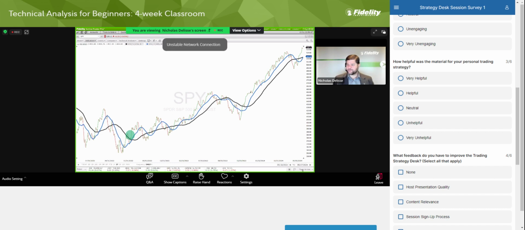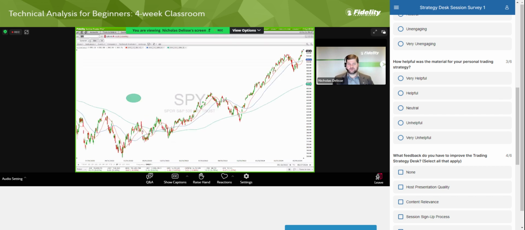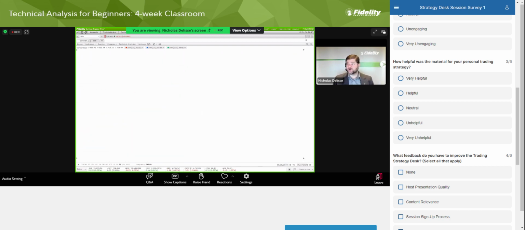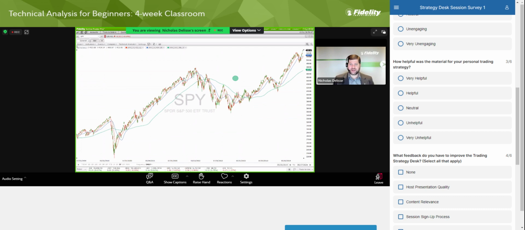Now, another example I really like to use when it comes to moving average crossover systems is to go back and take a look at the COVID drop. And I think this is a great example of the trade-off between relevance and reliability.